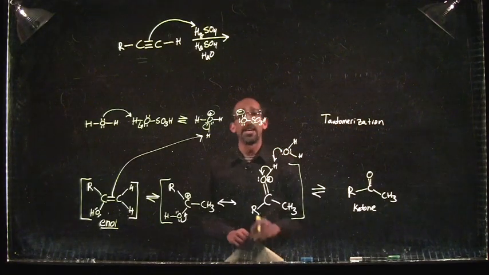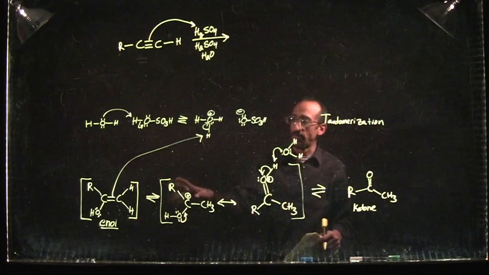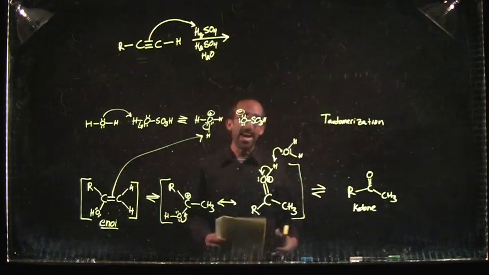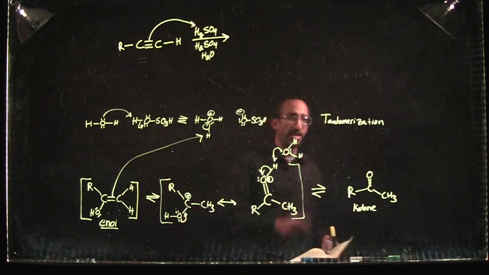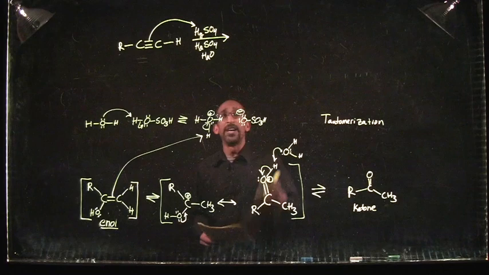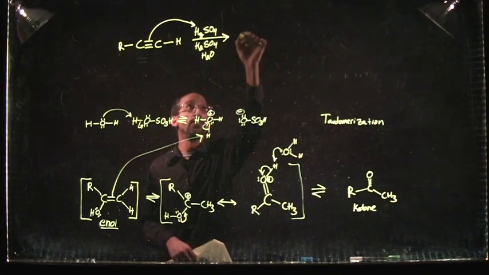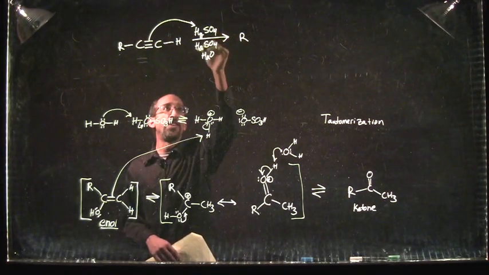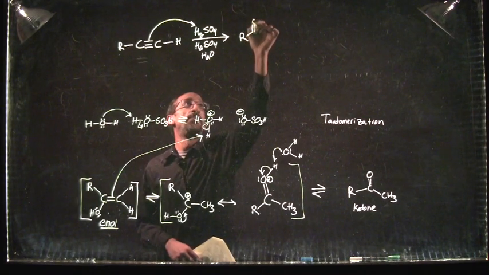It'll end up forming either a ketone or an aldehyde, depending on the substitution of everything in your molecule. So here we see the acid-catalyzed tautomerization of an enol to a ketone. That's one of our ways that we can add water across an alkyne. If we use acidic conditions, mercury sulfate, sulfuric acid, and H2O, that ends up forming for us a ketone.